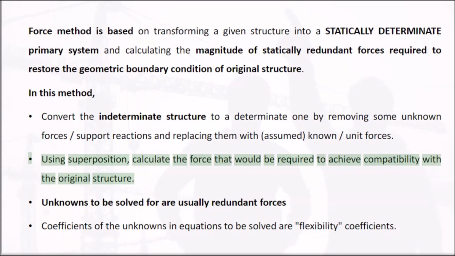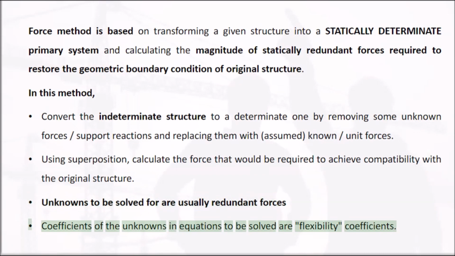Using superposition, calculate the force that would be required to achieve compatibility with the original structure. Unknowns to be solved for are usually redundant forces. Coefficients of the unknowns in equations to be solved are flexibility coefficients.